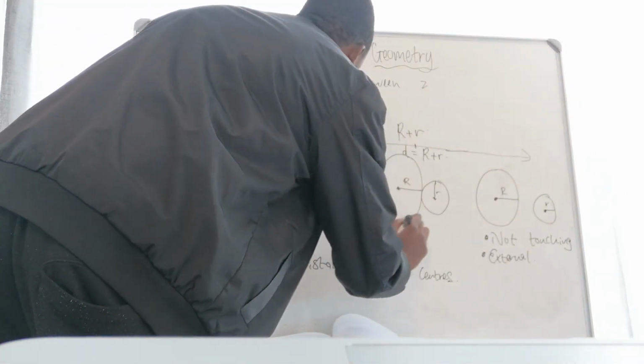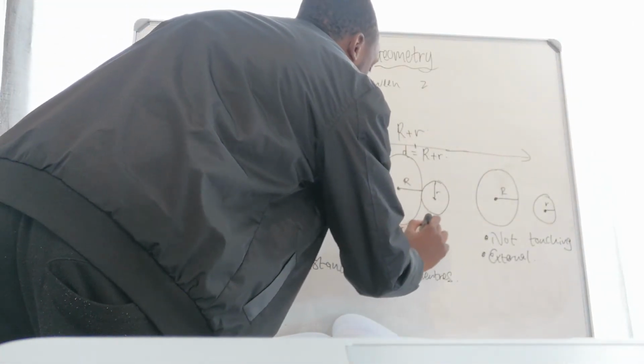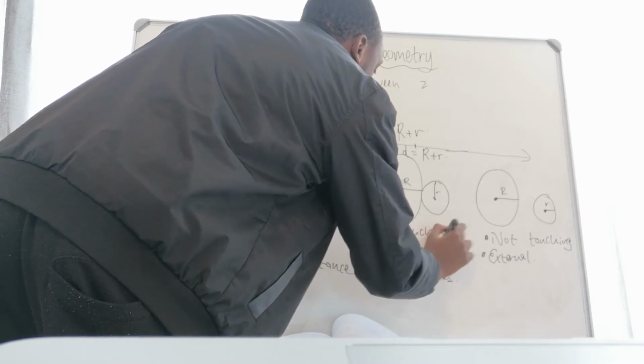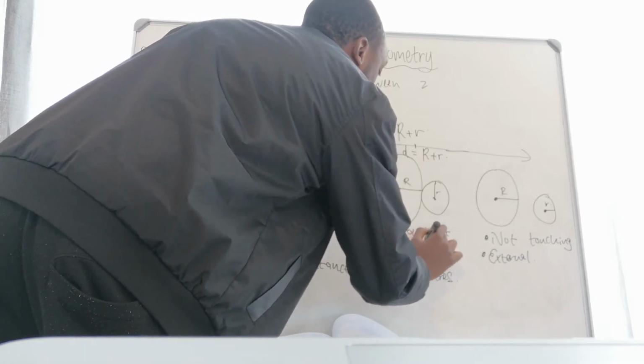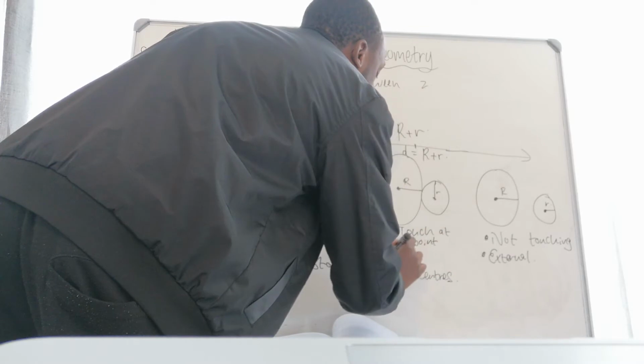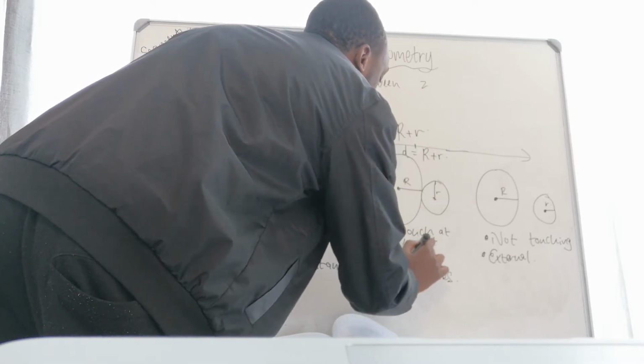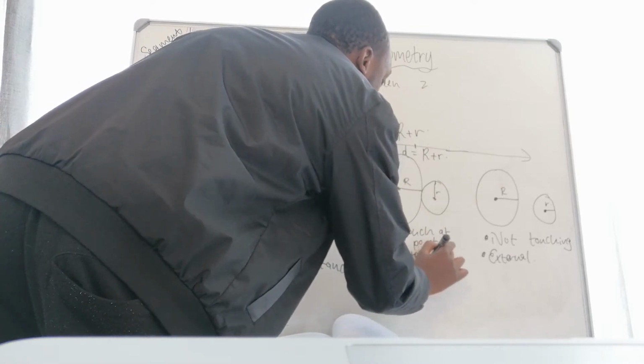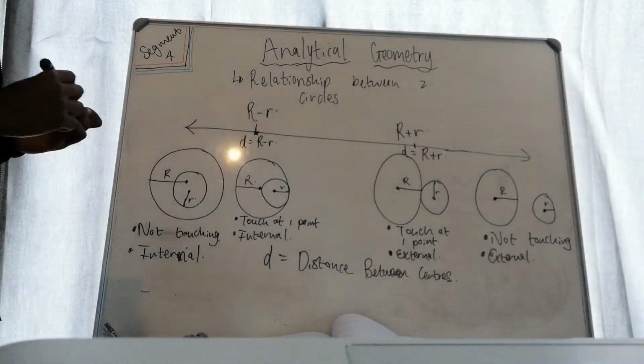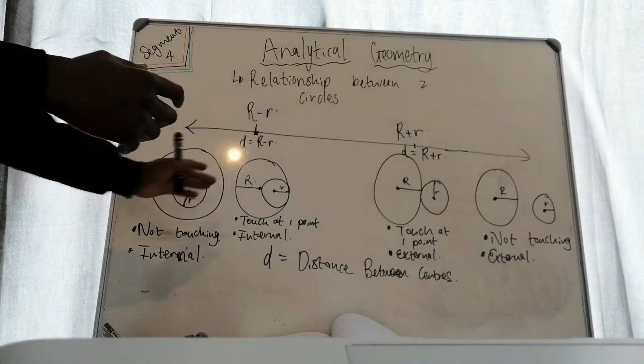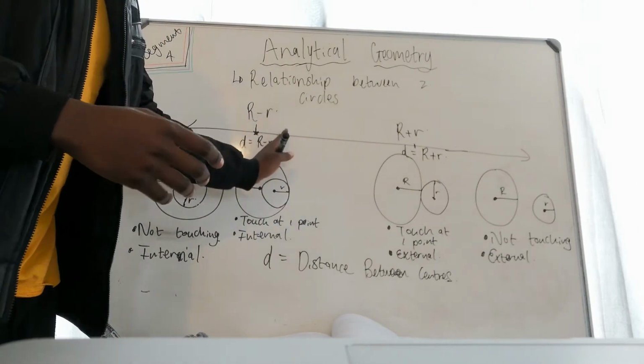These are the type of circles you get. So they touch also. They touch at one point and they're external.